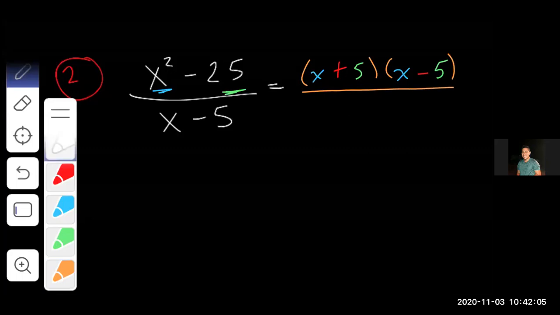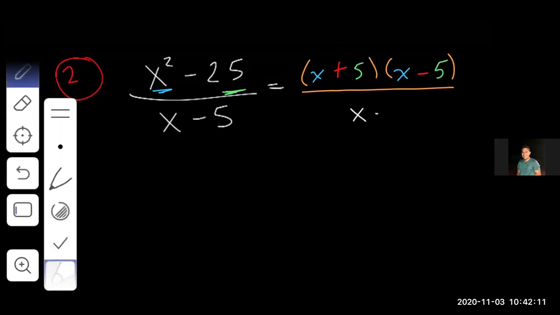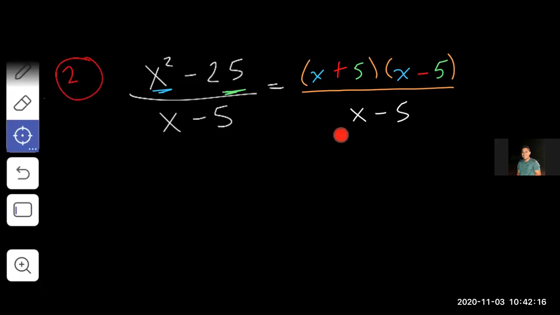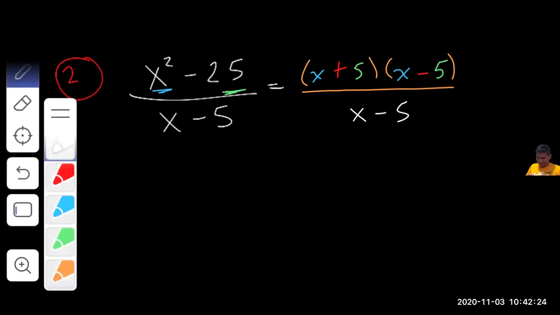In the denominator, there is nothing I can do but just copy that, x minus 5. Now, having this expression, can I cancel something out? Can I simplify something? Why? You can cancel the x plus 5 and the x minus 5? Be careful.